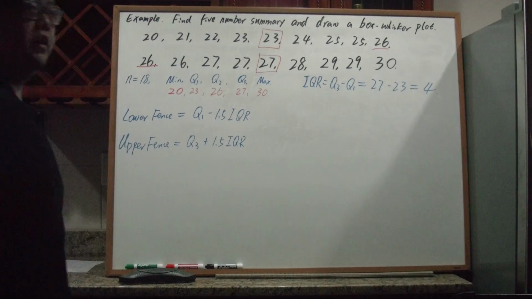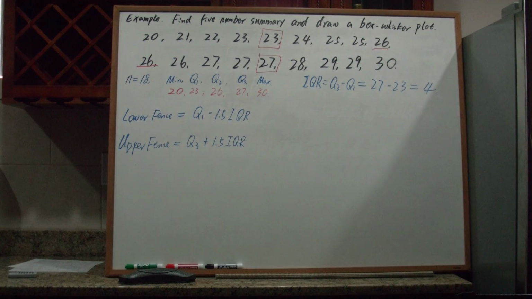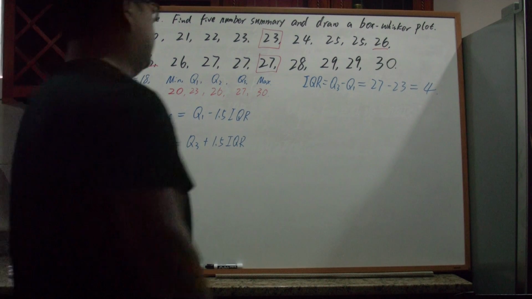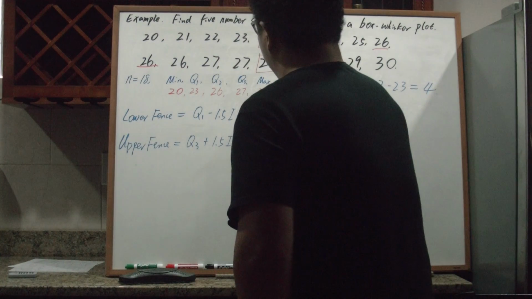The fences are 1.5 interquartile ranges below the first quartile or above the third quartile. If we have any value exceeding those fences, they are outliers. If nothing, then we don't have outliers.